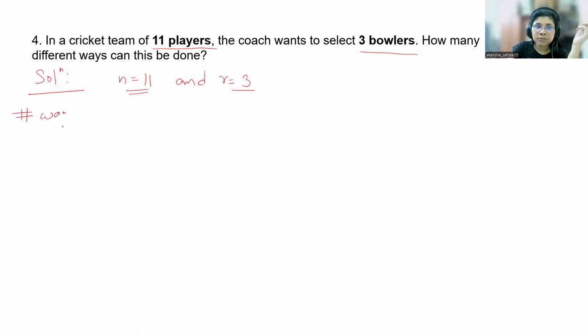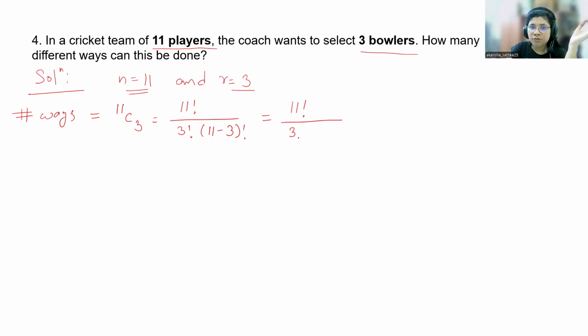Number of ways of selecting 3 bowlers out of 11 players is 11C3. Now you just have to apply the formula for NCR, that is N factorial upon R factorial into N minus R factorial. And that will equal 11 factorial upon 3 factorial into 11 minus 3, that becomes 8 factorial, right?